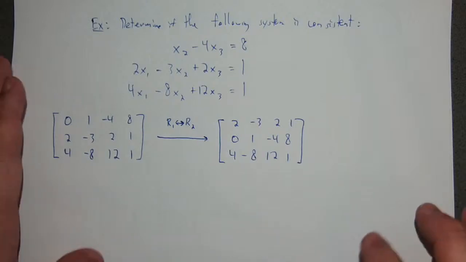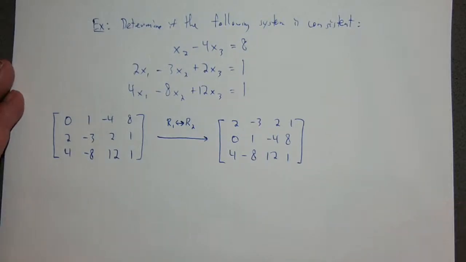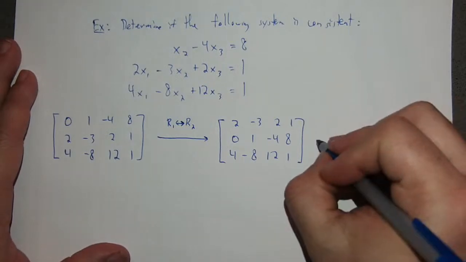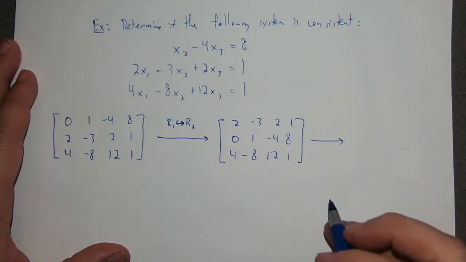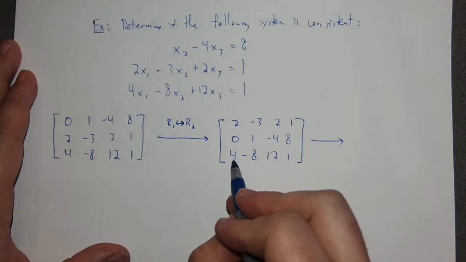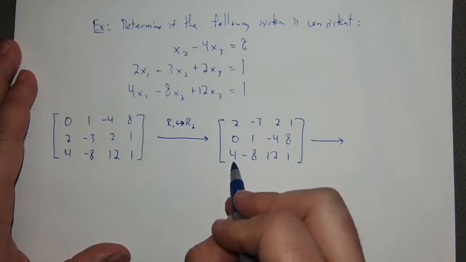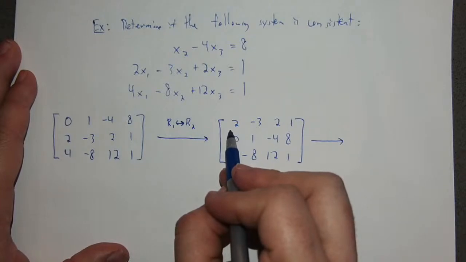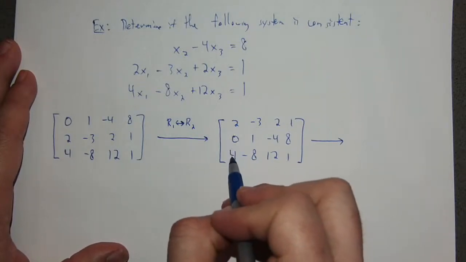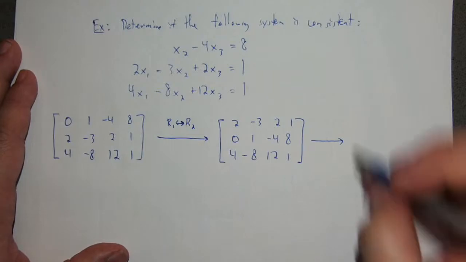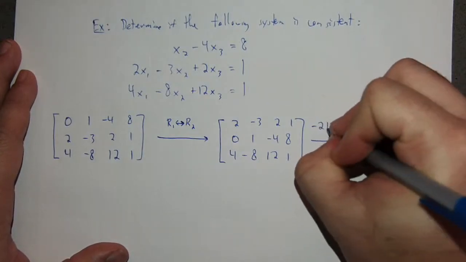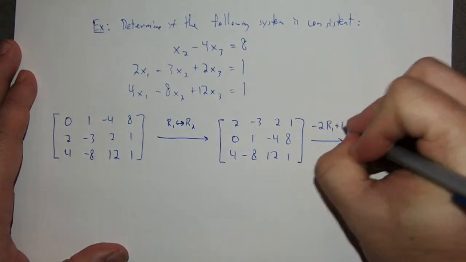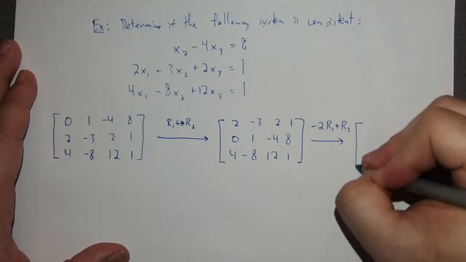So what do I do next? I want to zero out this entry in the third row. In order to do that, I need to multiply row 1 by minus 2 and add it to row 3, replacing row 3. So minus 2 times row 1 plus row 3 is what I'm doing.